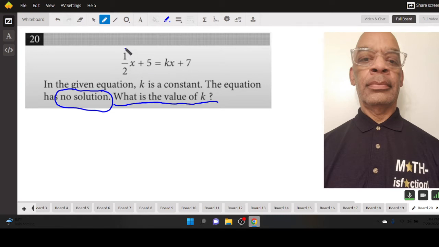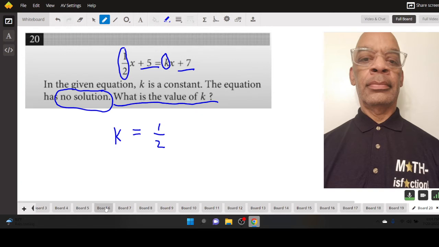That means this slope has to equal this slope, and this y-intercept cannot equal that y-intercept. So a value of k that will make the result no solution is where k is the coefficient 1/2.